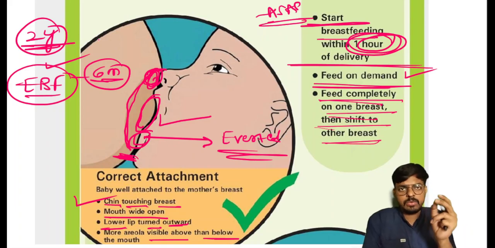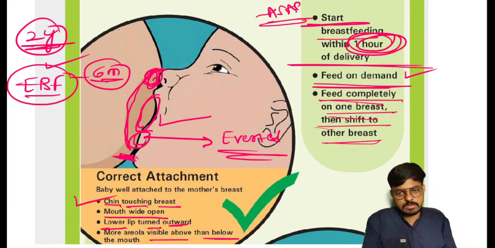There is no roti, no chapati, no rice, nothing should be given to the baby. Only breastfeeding should be given till 6 months. That is called exclusive breastfeeding.